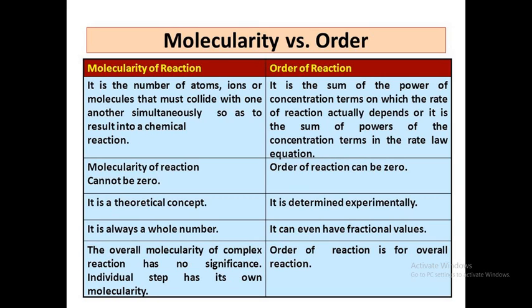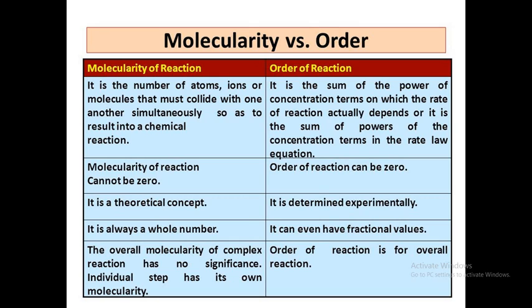And for a complex reaction, the order is equal to the molecularity of the slowest step. That means there are several steps in case of complex reactions, and among them the slowest step is the rate determining step, and the molecularity of that step is equal to the order of that chemical reaction.